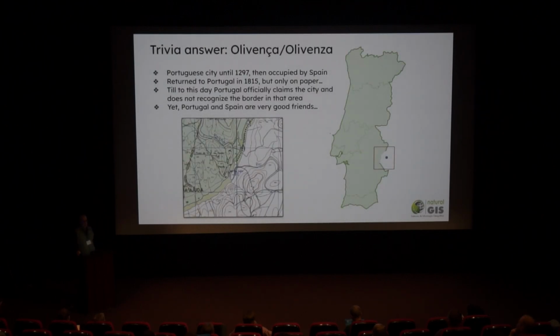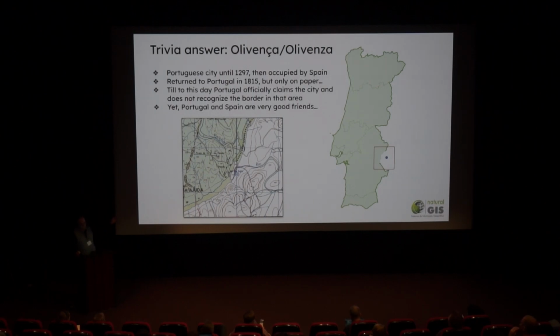So, the answer to the trivia. There is a Spanish/Portuguese city right on the border, and that spot is called Olivença. It was Portuguese until 1297, then returned to Portugal in 1815. On paper, actually, it was never really returned to Portugal, to the point that officially Portugal does not recognize the border in that place.